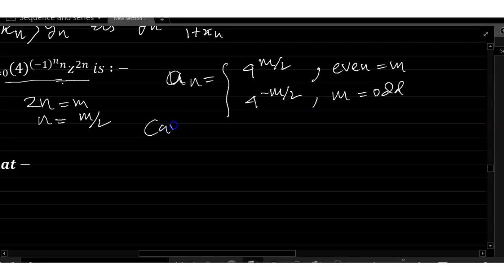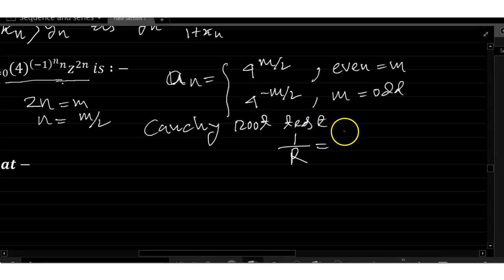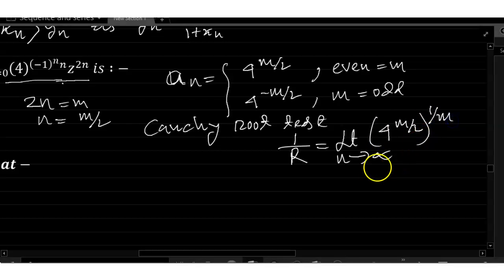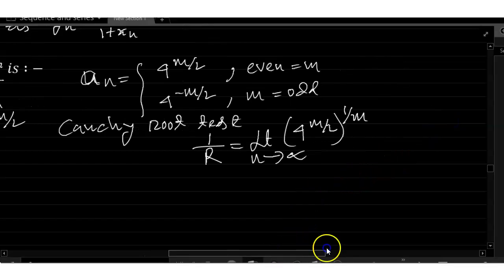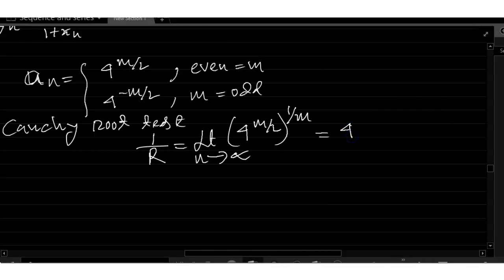By Cauchy root test, 1 by capital R is equal to limit n tends to infinity of 4 to the power m by 2, to the power 1 by m, equals 4 to the power half, that is 2. So capital R is equal to 1 by 2.